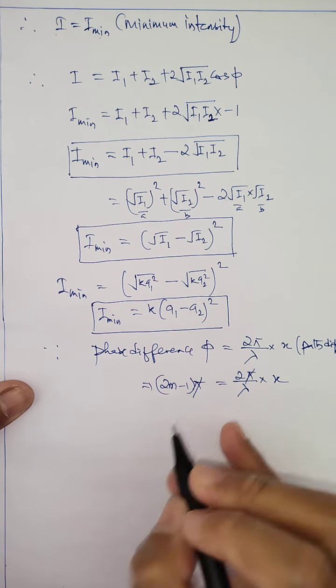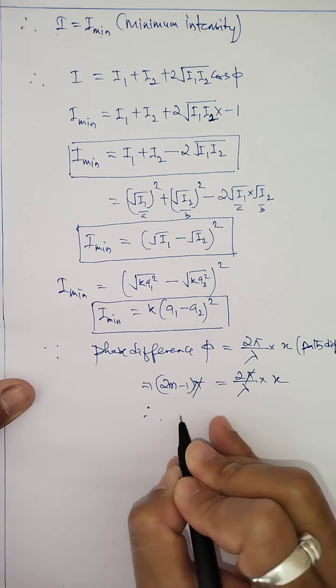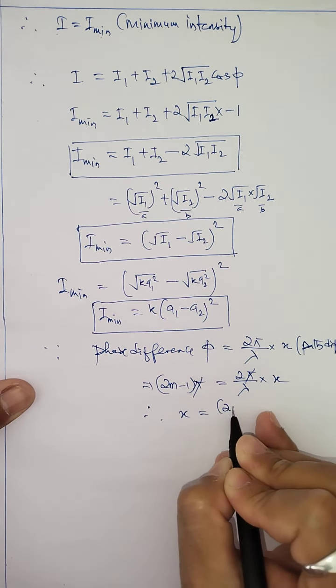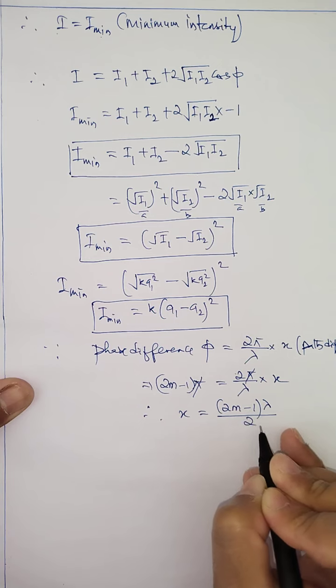Pi and pi cancel out. If I make x the subject, it will be (2m minus 1), this lambda will go to the numerator side, and 2 will come in the denominator.